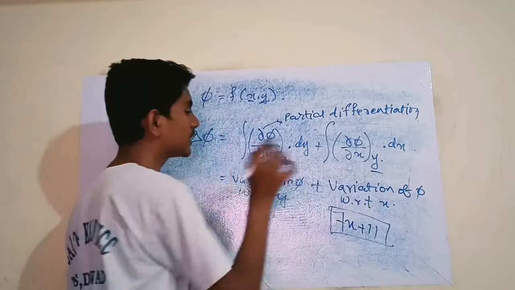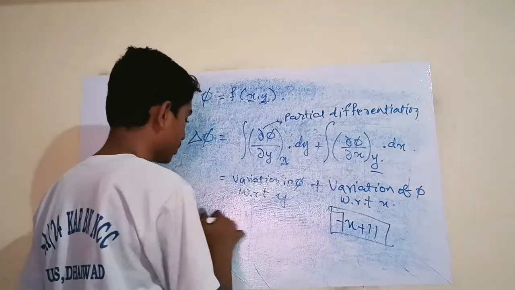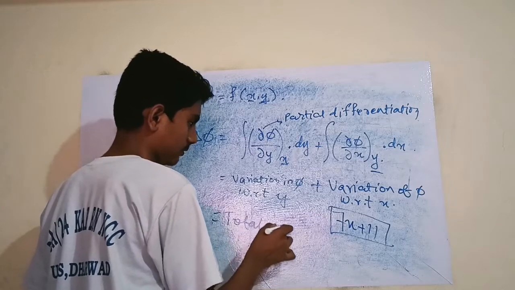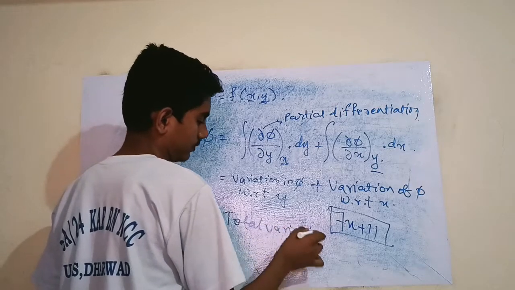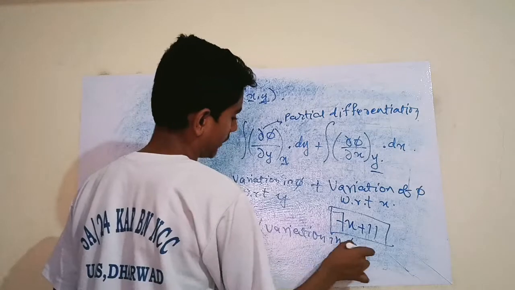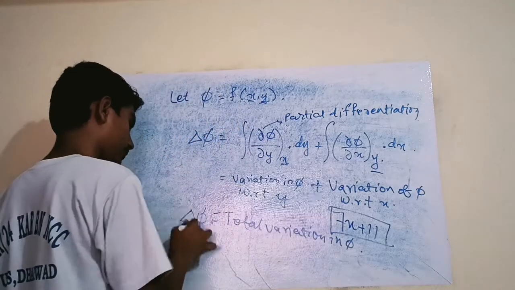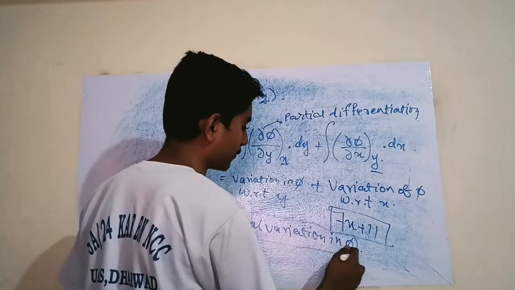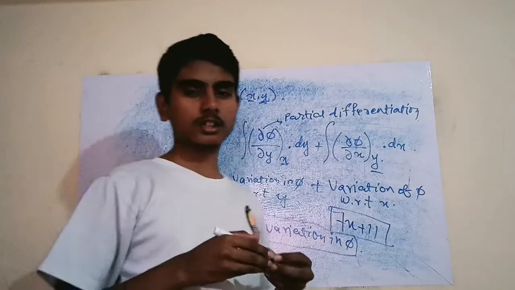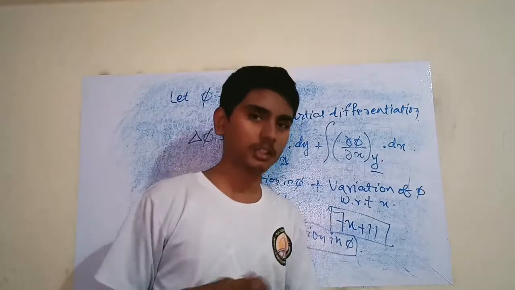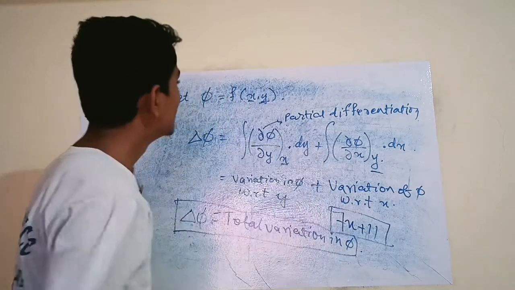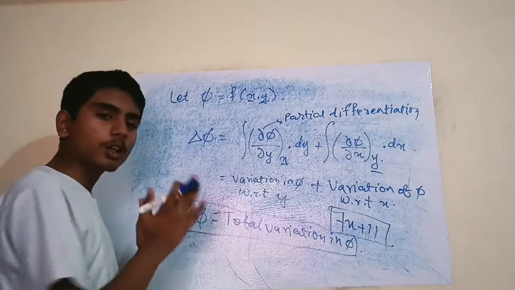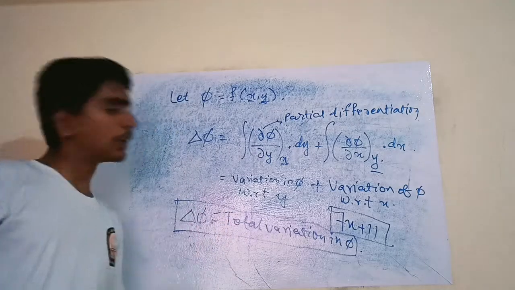Here you keep y constant, there you keep x constant. This whole will give the total variation in phi. This is somewhat difficult for beginners who are starting to learn thermodynamics. This equation is somewhat difficult, but still try to learn. If you want to copy it down, you can note it down.